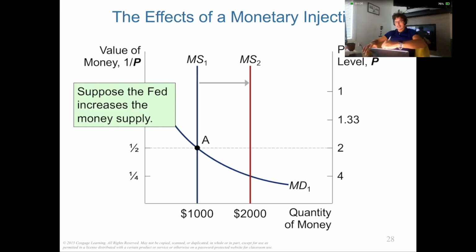Well, at the beginning, at the equilibrium price level, there is an imbalance between money supply, say point B, and money demand. In particular, there is more money in circulation than what people want. So what will people start doing?